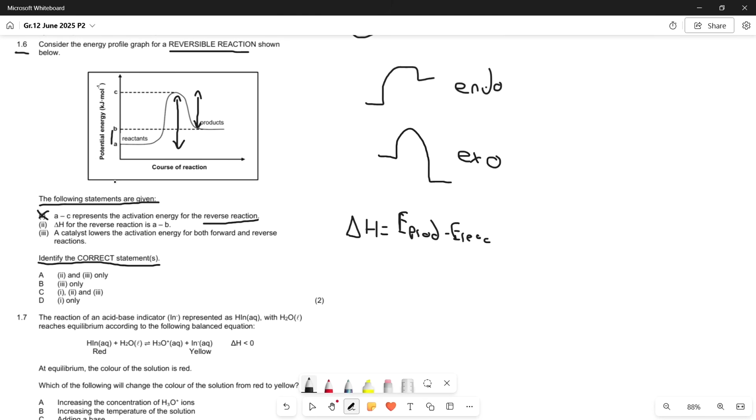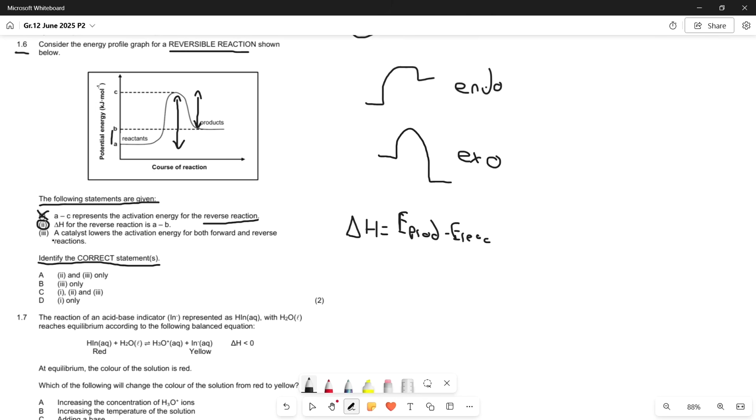Therefore A minus B is correct for the delta H, the enthalpy for the reverse reaction. For the forward reaction, it would be B minus A, these products minus these reactants. That is a nice way to check whether your thinking for the forward and reverse reactions correspond. So that means 2 is correct.